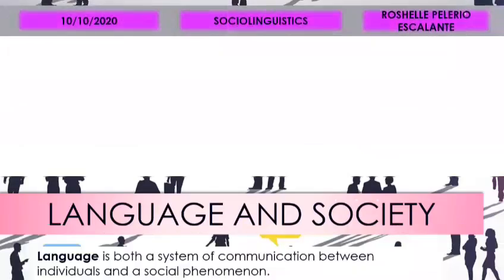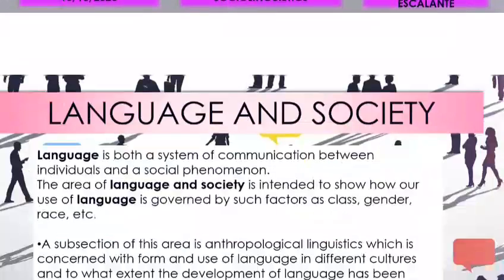The area is what we call anthropological linguistics. So, what is anthropological linguistics? It is concerned with the form and use of language in different cultures, and to what extent the development of language has been influenced by cultural environment.